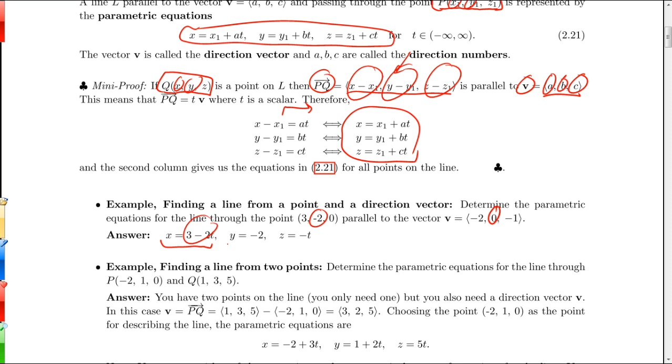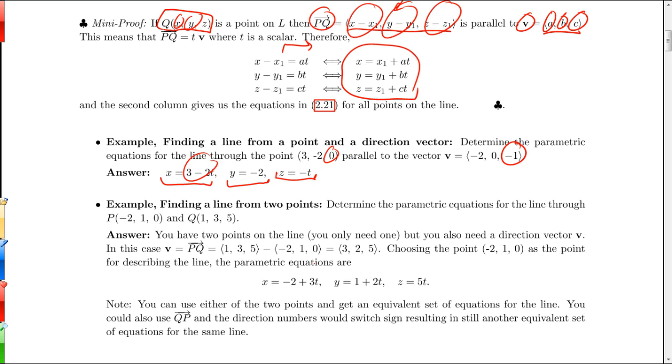That's 0, so there's actually no t in this part. Then you take the z component of the point and the z component of the direction vector, and so you have 0 minus 1 times t, or z equals negative t. So once you get the point and the direction vector, you have all the parts to create your parametric equations for the line.